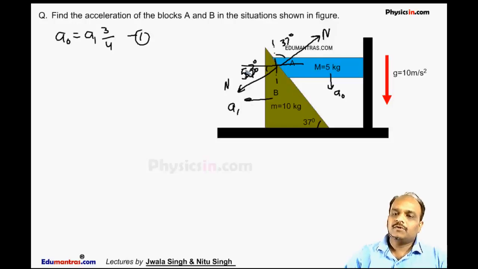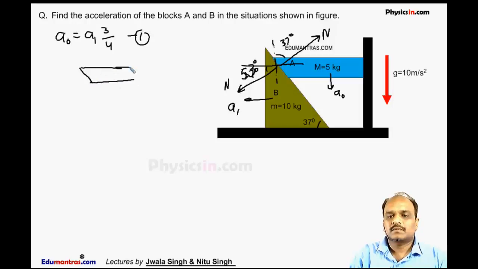Now if we draw the free body diagram of this block, the horizontal component of the normal reaction is n sin 37, the vertical component of the normal reaction is n cos 37, and the weight here is 50.